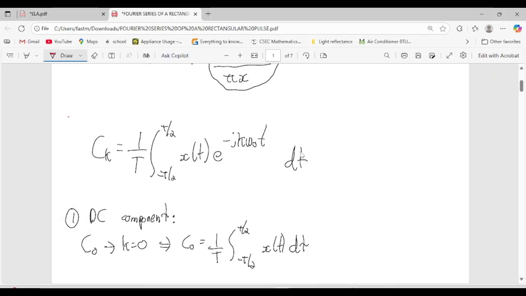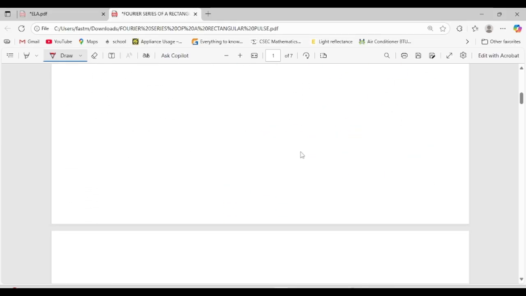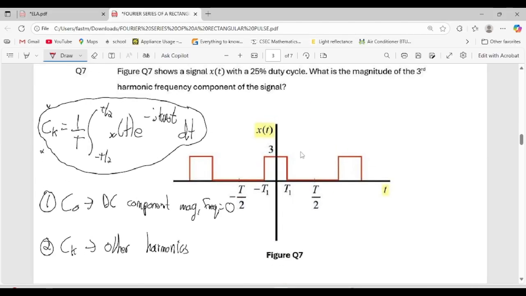The 1 on T is okay, but this integral, to keep it real simple, is just the area under the graph, or the area of the pulse, which is the pulse width multiplied by the amplitude. Let's go back to the question so you can see.